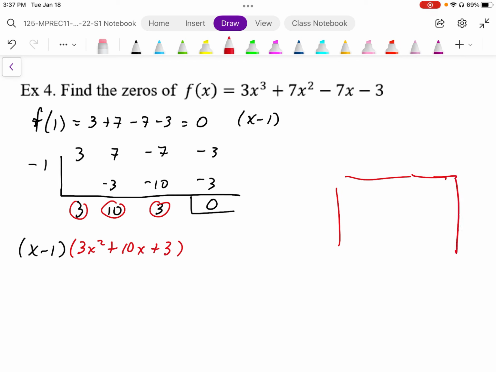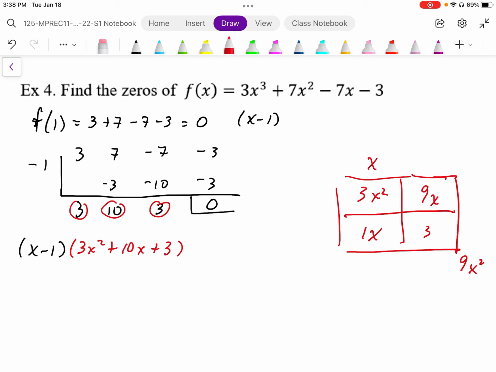It's got a leading coefficient, so I'm going to use 3x squared and 3. So using the 9x squared, I know that this has to multiply to 9 and add to 10. So it's going to look like this.